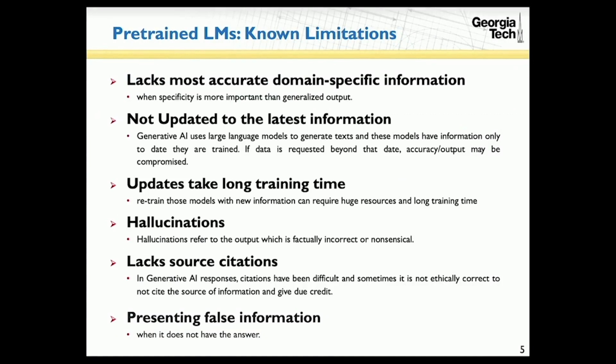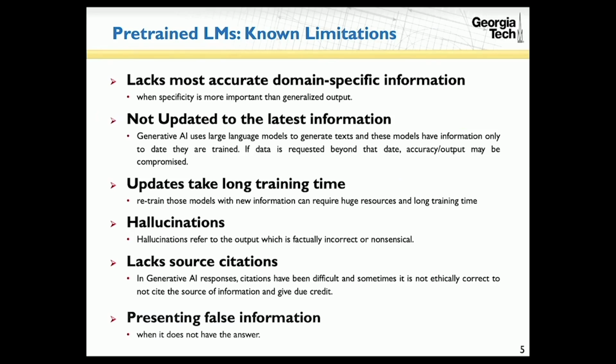And there are also other problems where fine-tuning can be very useful. For example, large models are trained on data collected before a certain date. Then all the data produced after that may not be incorporated. So if you just directly use those models, you may suffer compromised performance and accuracy.